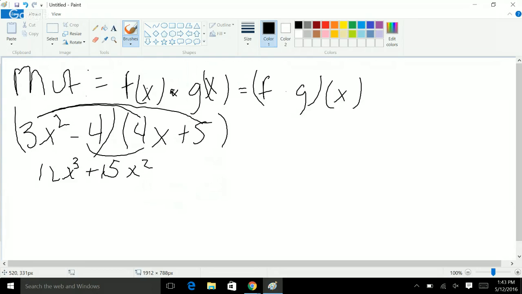Now negative 4 times 4x would be negative 16x, and then negative 4 times 5 would be negative 20, and that would be your answer for multiplying.